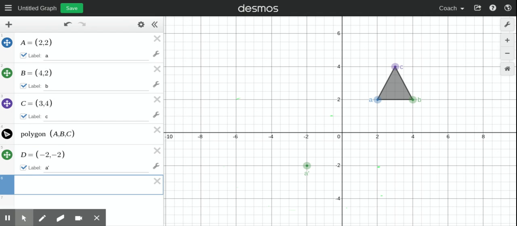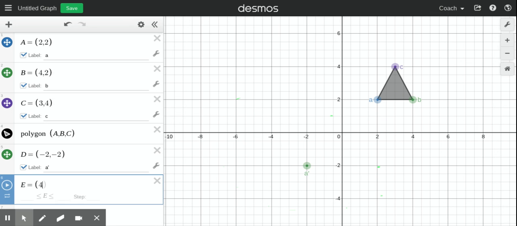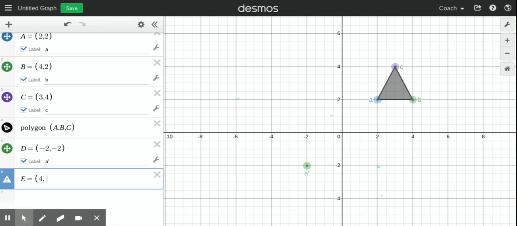All right. B is (4, 2). If we rotate it 180 degrees, it's going to be (-4, -2). Label it B prime.